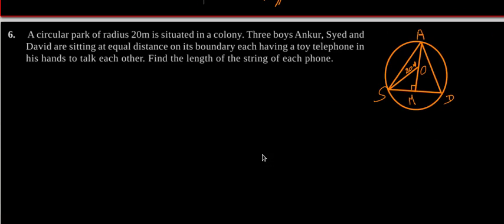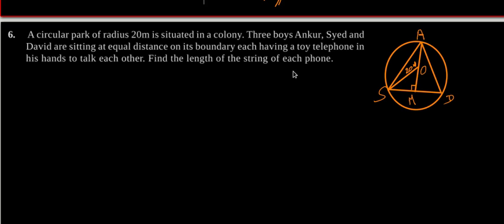Next question. A circular park of radius 20 meters. If we take O as the center, OS equal to OA equal to OD is 20 meters. Three boys, Ankar, Syed and David are sitting at equal distance on its boundary, each having a toy telephone in his hands to talk to each other.